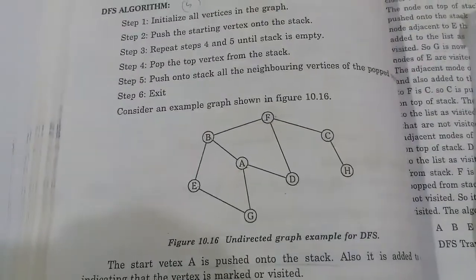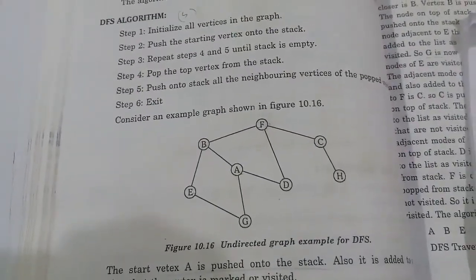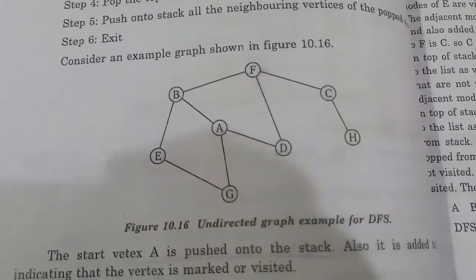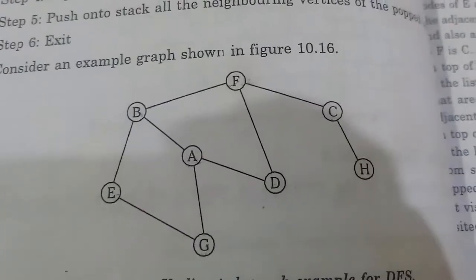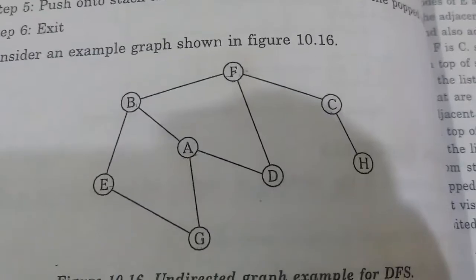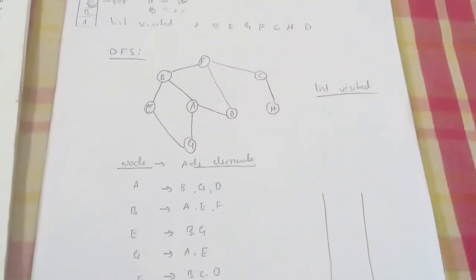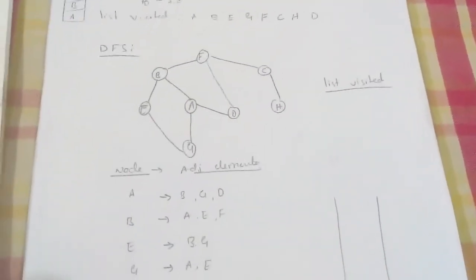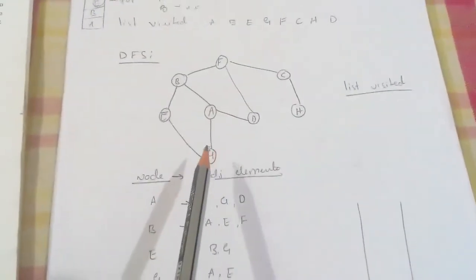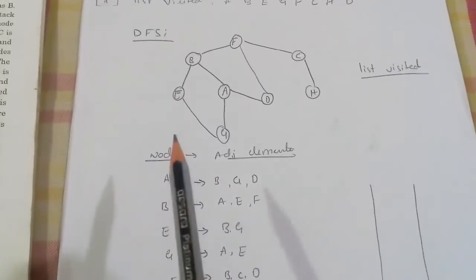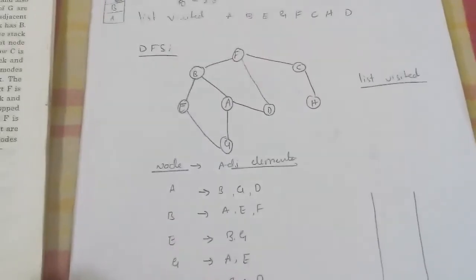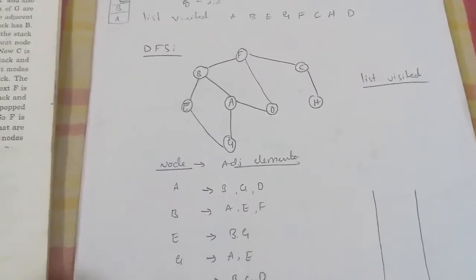So consider this example. This is an undirected graph example for DFS. Same example I have written here. First, write all the nodes with the adjacency elements.